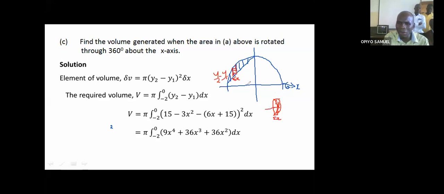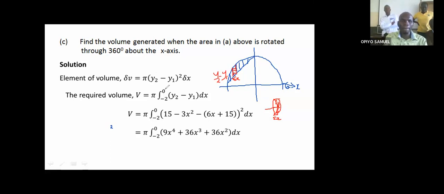And the radius is going to be the difference between the two equations. And this shape produced is cylindrical. And the volume of a cylinder is given by pi r squared h. Our h now is delta x, that is the height of the cylinder. The radius is the difference between the equation of the curve and the chord.